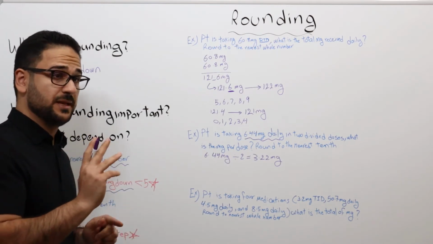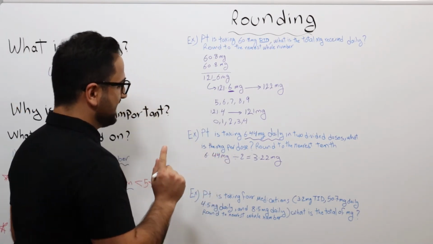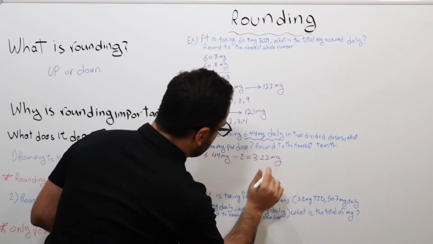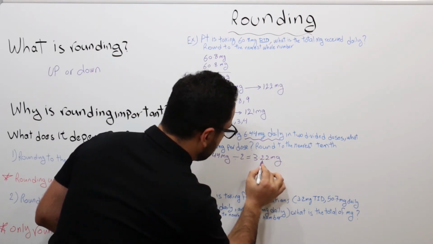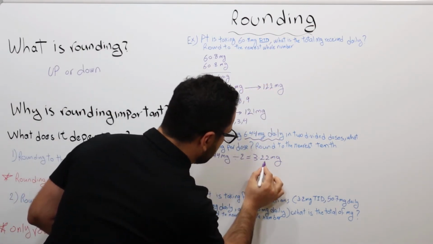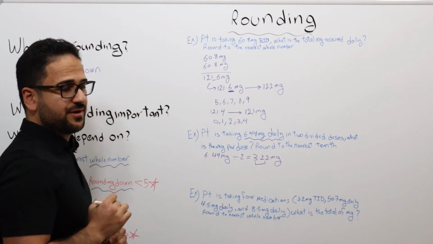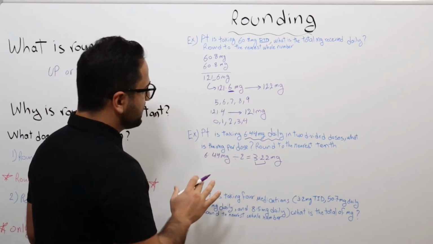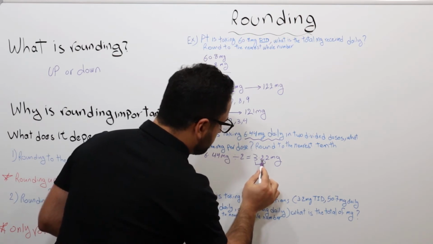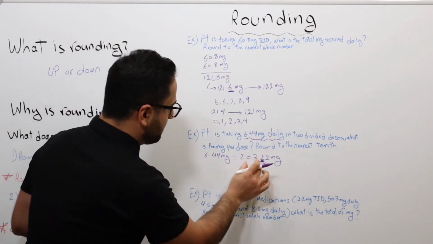We said that rounding to the nearest tenth means we look at the decimal place. We need one decimal place. So instead of taking this number out and giving a whole number like we did before, we're going to keep one decimal place. We look at the 2 over here and keep it together.